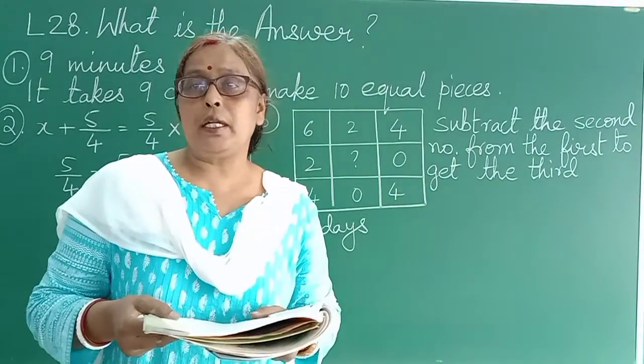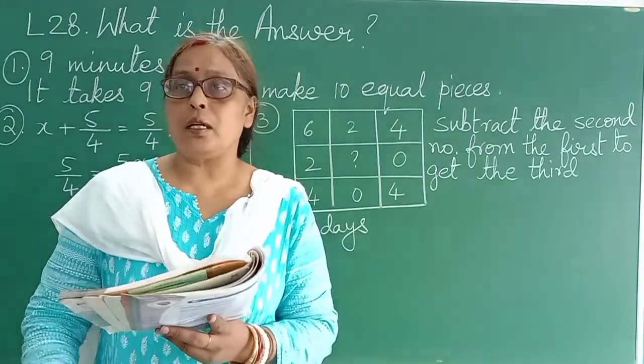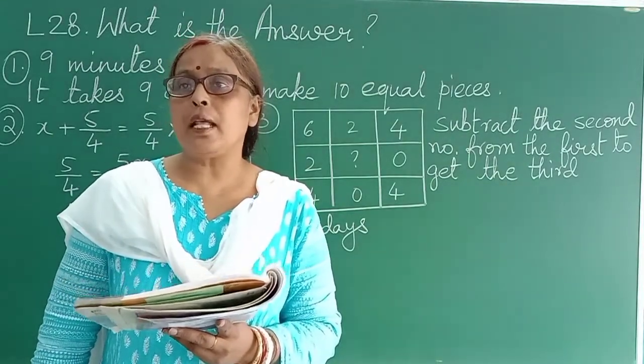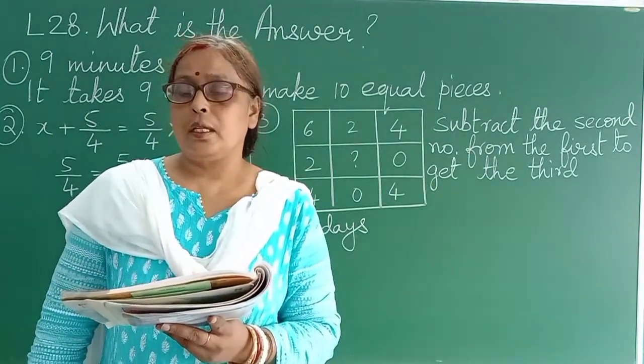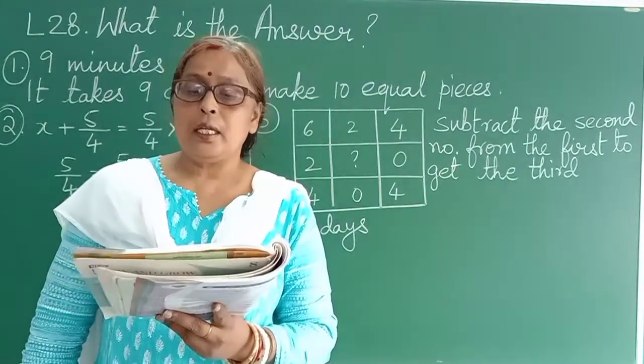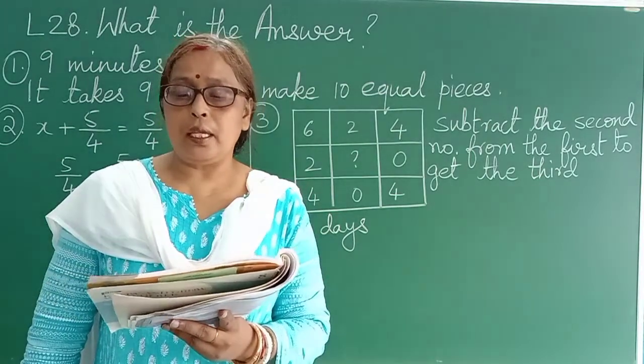Now the question gives the condition that you need 1 minute for one cut and you have to make 10 equal pieces. So what is the time required for making a 10-foot plank into 10 equal pieces?